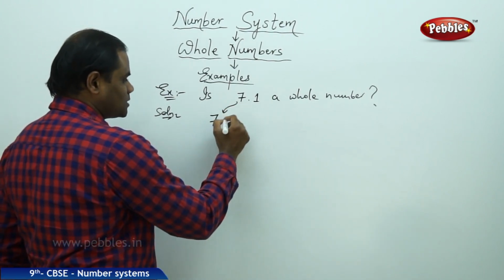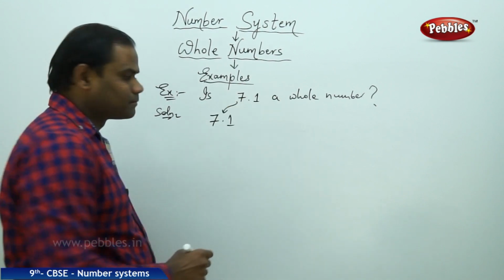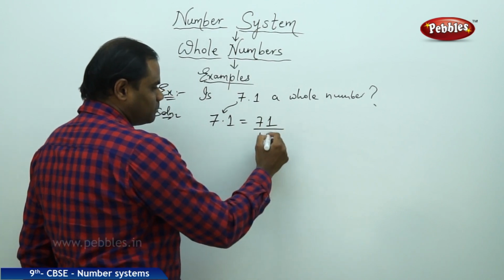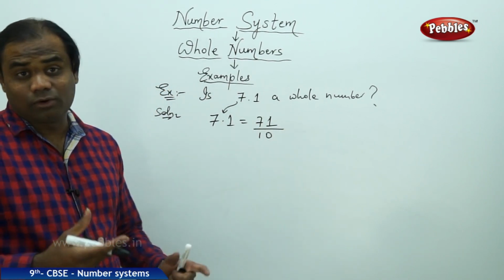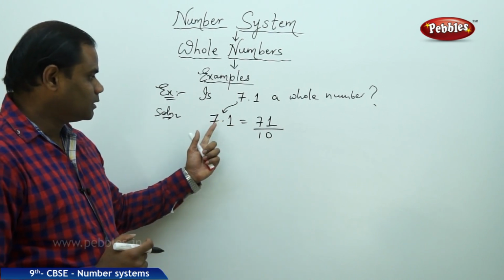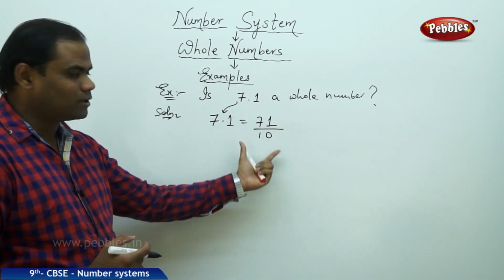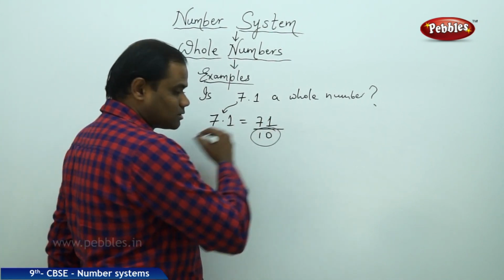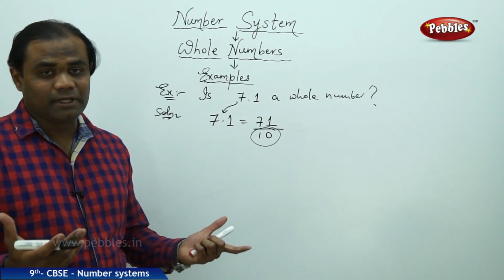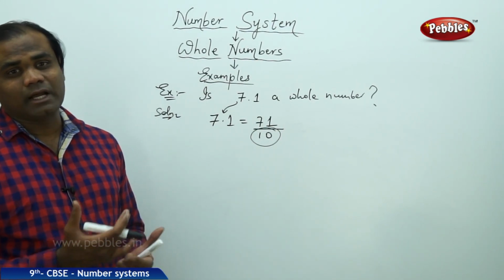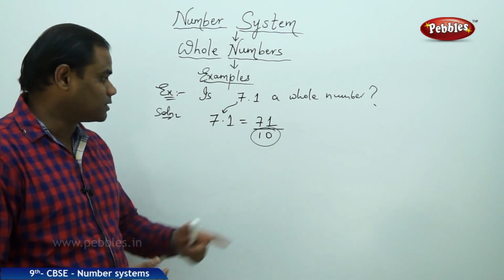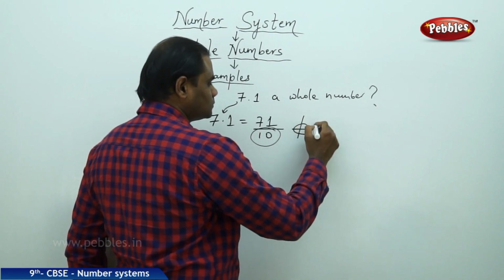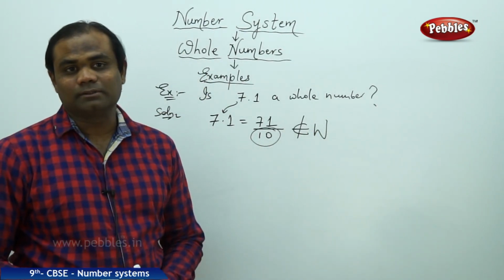I take the number 7.1, and when I express it in a non-decimal form, it can be expressed as 71/10. So 7.1 in decimal form is expressed in the non-decimal form 71/10, and this clearly states that because the denominator is not 1, and as we have discussed, whole numbers are all natural numbers including 0, this cannot be a whole number.